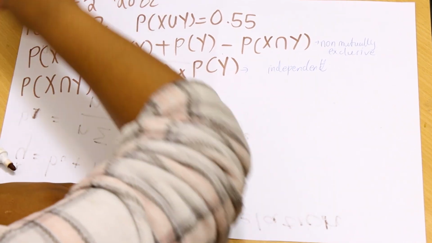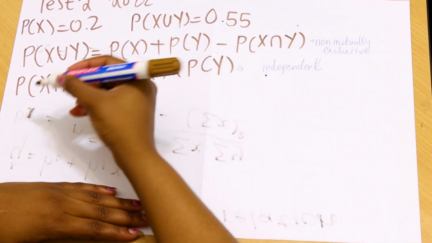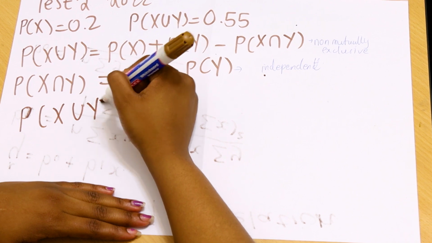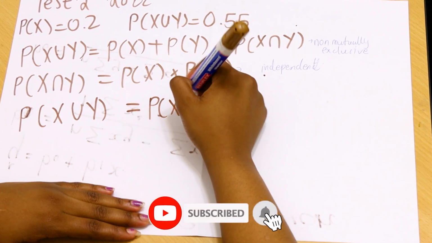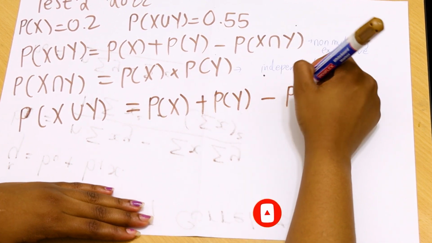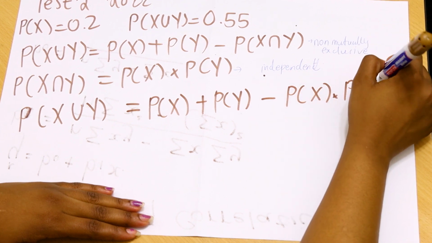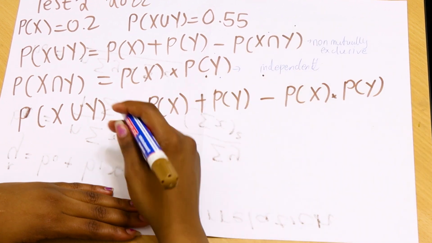Now substitute the independent into the non-mutually exclusive. Then you would have the probability of X union Y is equal to the probability of X plus the probability of Y minus the probability of X times the probability of Y. Right? You have substituted this into this equation.